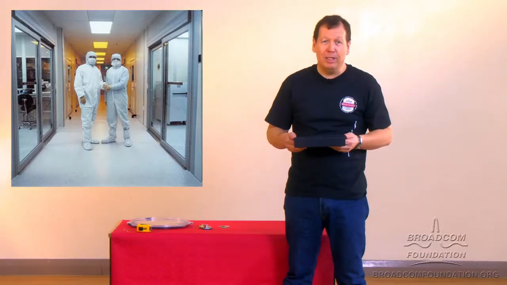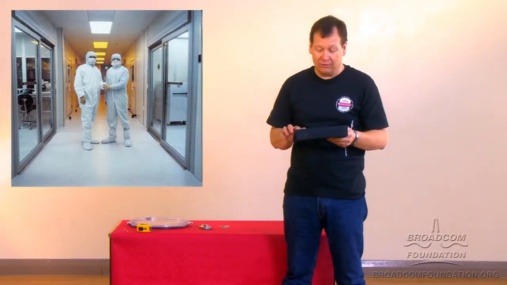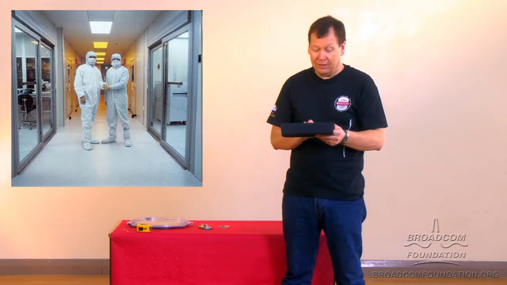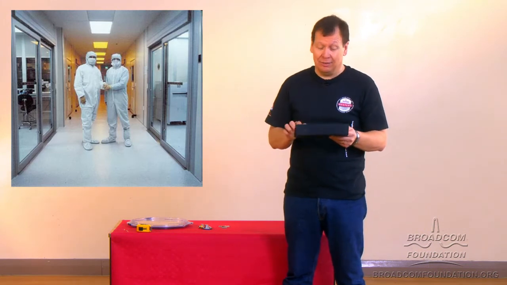And it means people have to wear these nice suits when they're working in such a factory. Now, the people in the picture are also wearing face masks. And the reason for that is that you're not allowed to sneeze, because viruses are between 10 and 300 nanometers. So some particles are smaller than the transistor, but some are also bigger. So if you have a cold, you get sent home.